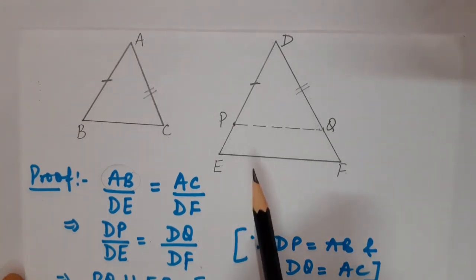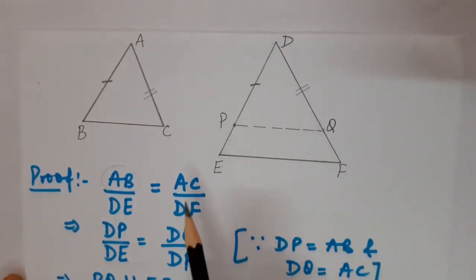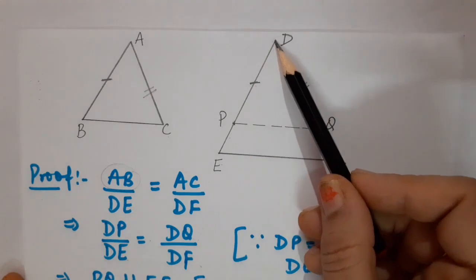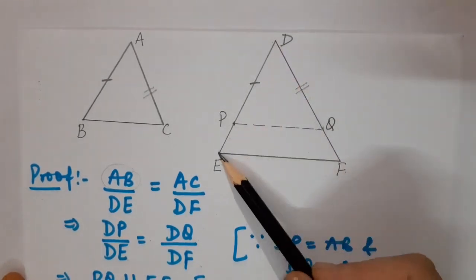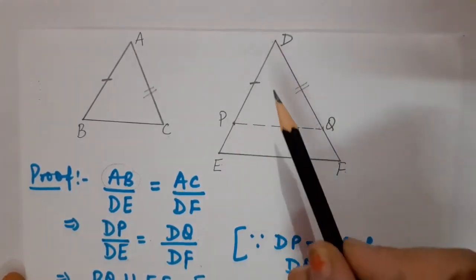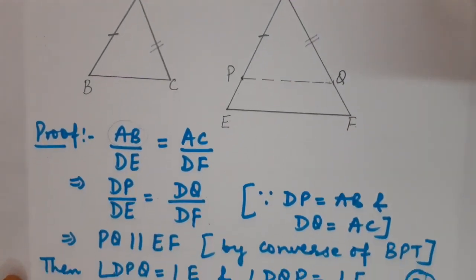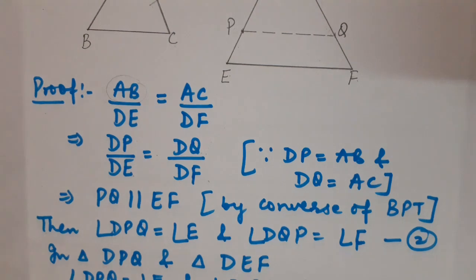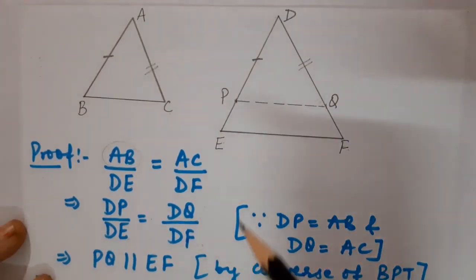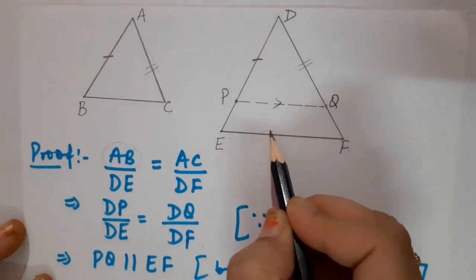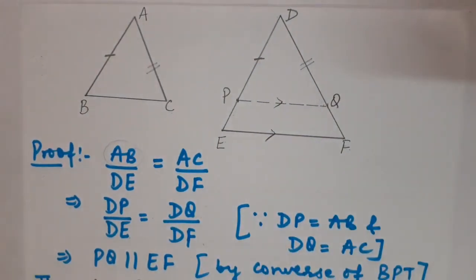Here I am going to apply the converse of corollary of BPT. As it is given, DP upon the complete bigger side DE is equal to DQ upon DF. So by the converse of the corollary of the basic proportionality theorem, we can say that PQ is parallel to EF. Got it, children?